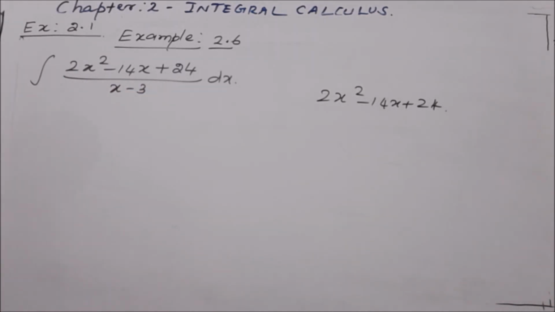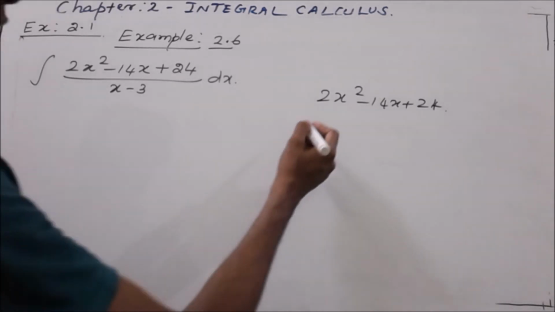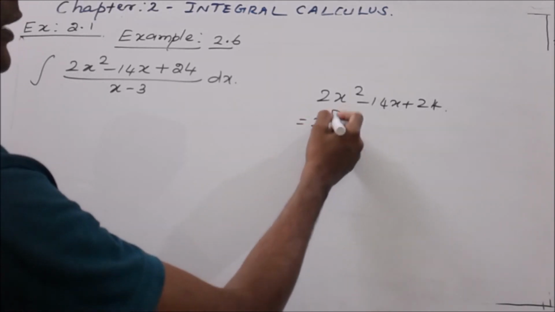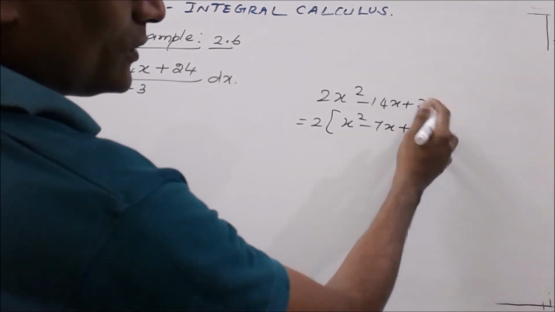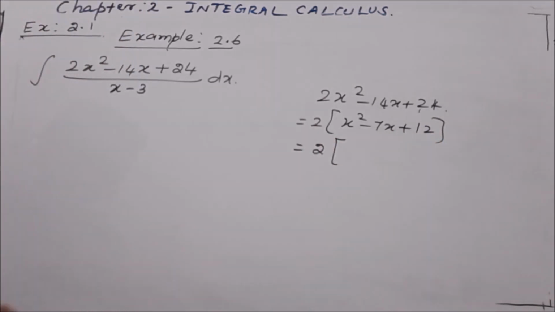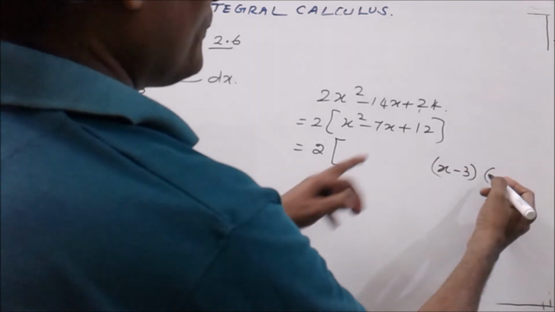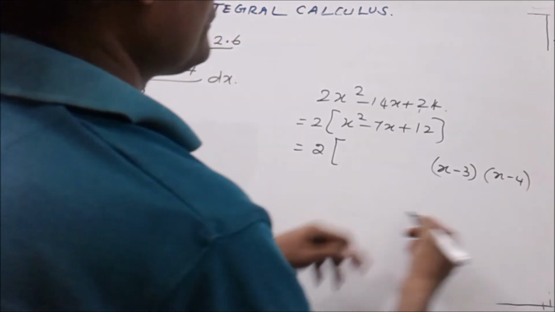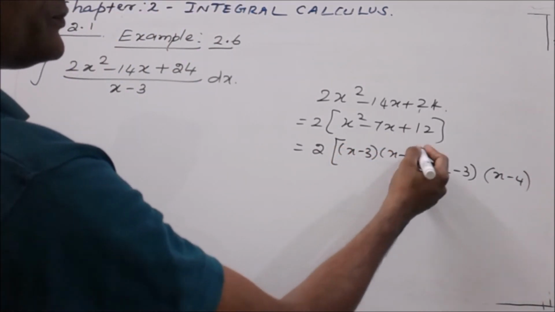The approach here: 2x square minus 14x plus 24. Taking 2 as common, x square minus 7x plus 12. Factoring it, we have x minus 3 and x minus 4 as factors.